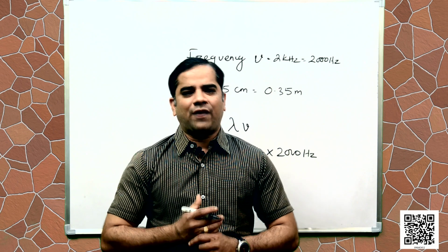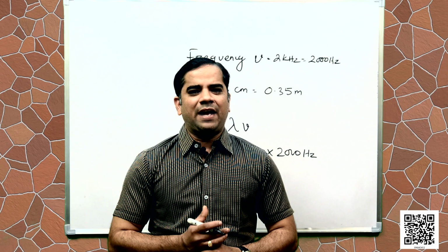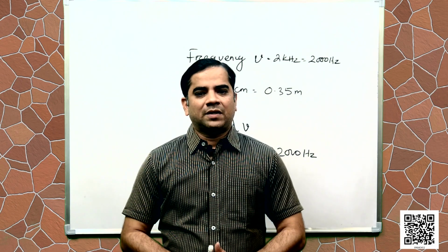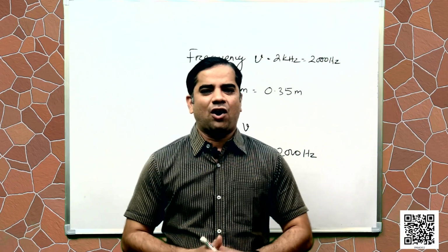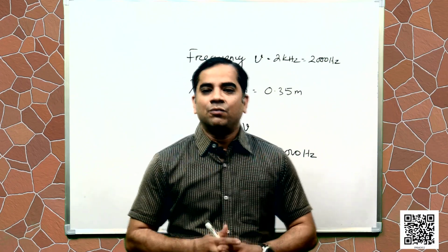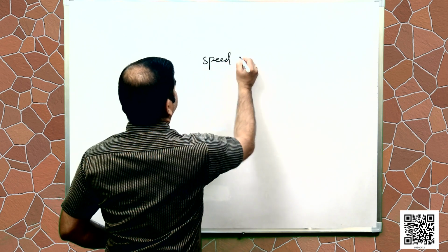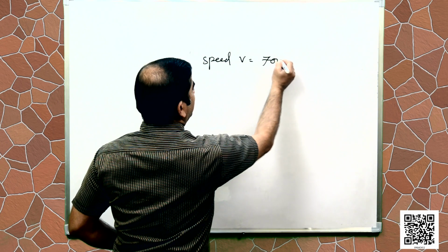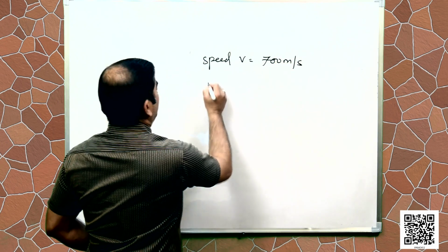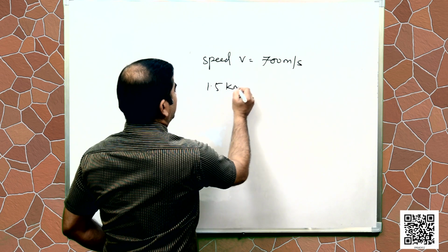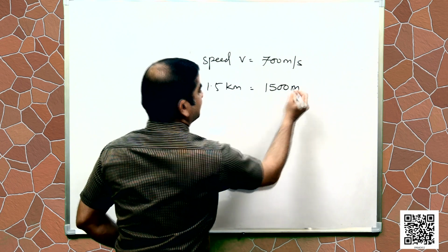Now we need to find the time for travelling 1.5 kilometer. The time taken by the wave to travel a distance d of 1.5 kilometer: the speed is equal to 700 meter per second, and the sound is going to travel 1.5 kilometer, that is equal to 1500 meter.